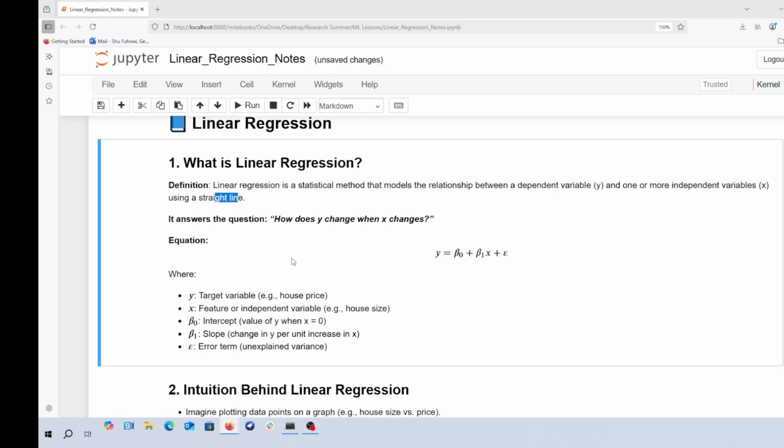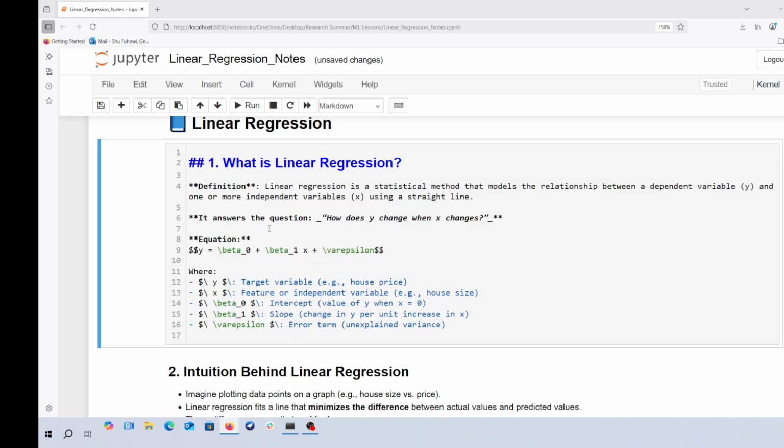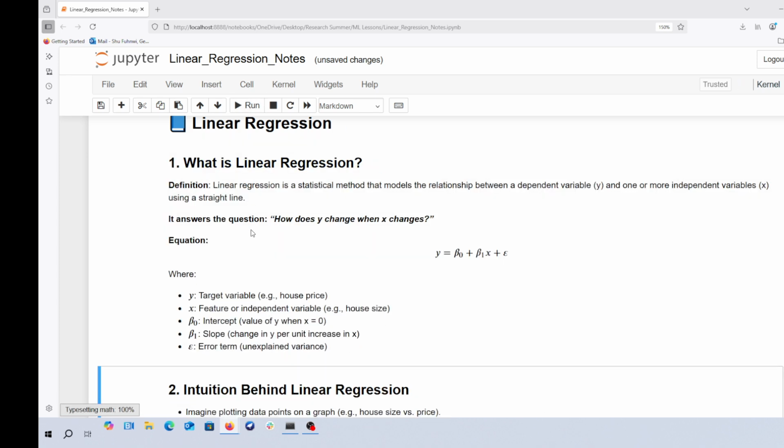We are going to see how to look at this relationship when we grab a real world data set and try to do some exploratory data analysis with it, and then see whether we can fit a linear regression model in that scenario. So here linear regression can help us answer questions like, how does y change when x changes?